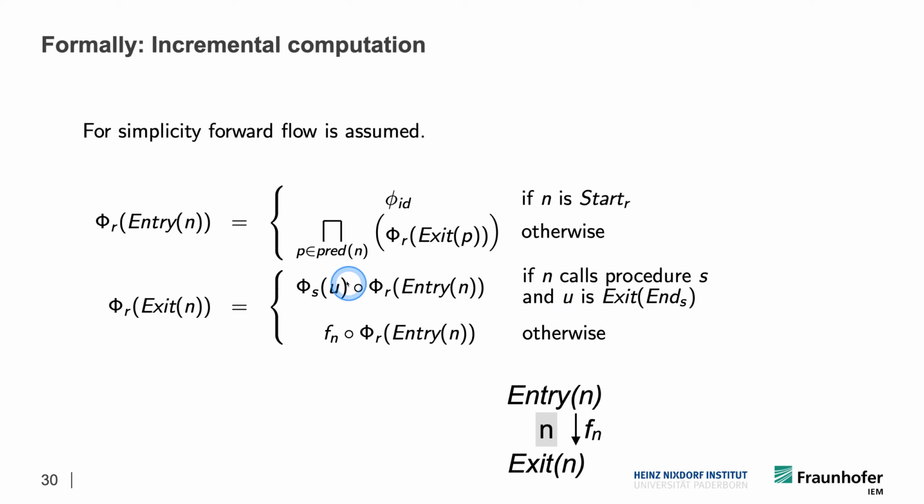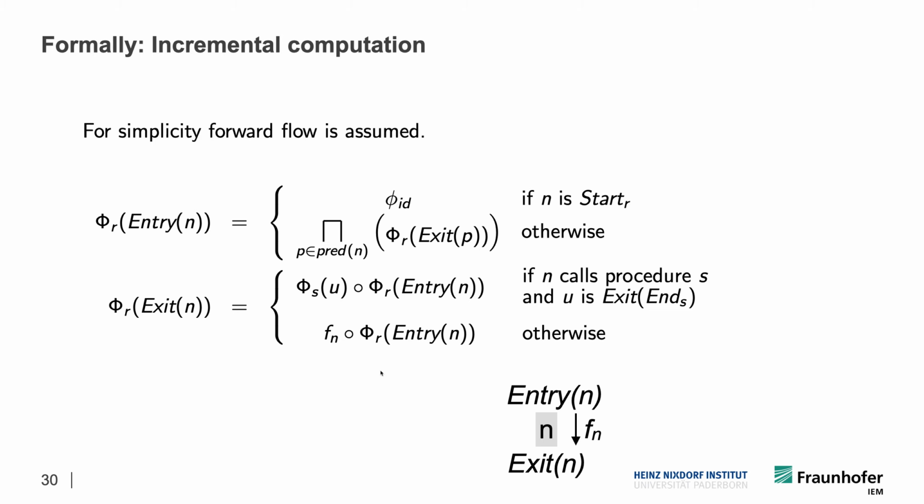Then we plug this procedure summary for the call in here, and we take the summary function that we have already computed for the entry of the current node, and we extend that summary function with this call effect. And if it's not a call statement, then we simply take the current flow function of the current statement instead. And that's all that we need to do. You can compute this as a large fixed point iteration, and then you will get a result.